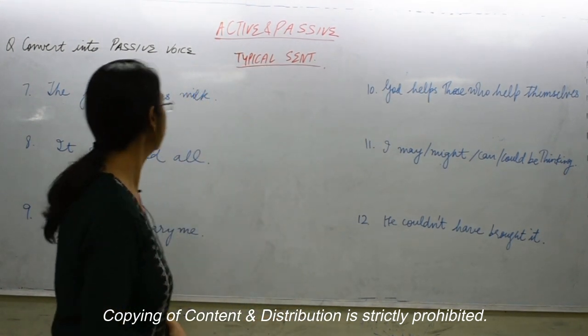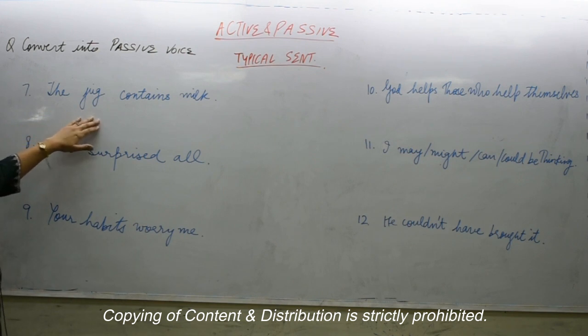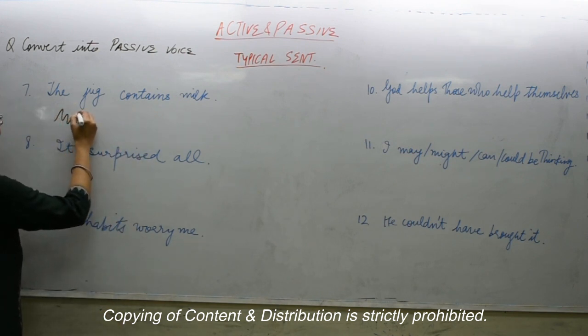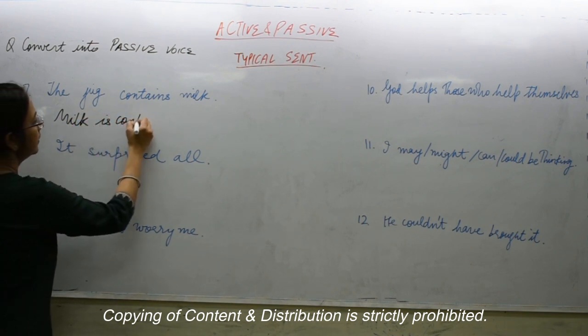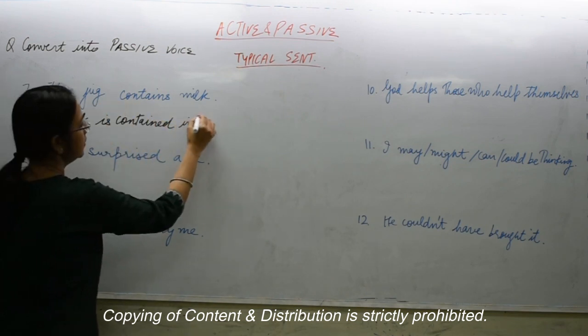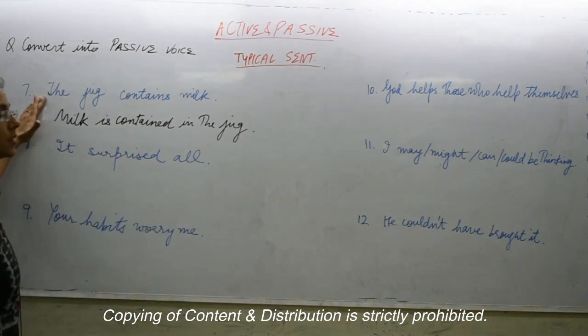So, now let's do other examples. The jug contains milk. Over here, what we'll say, milk is contained in the jug. The jug contains milk.